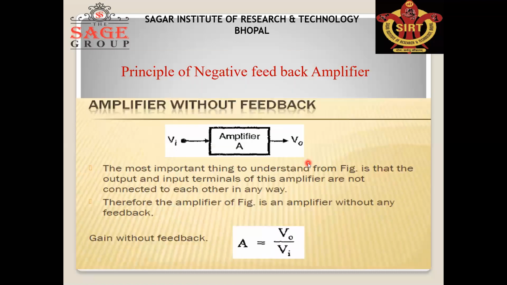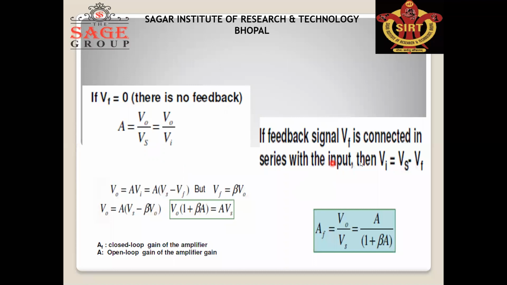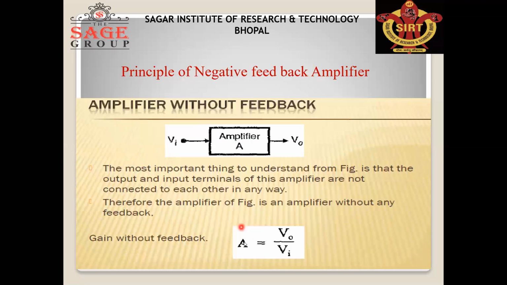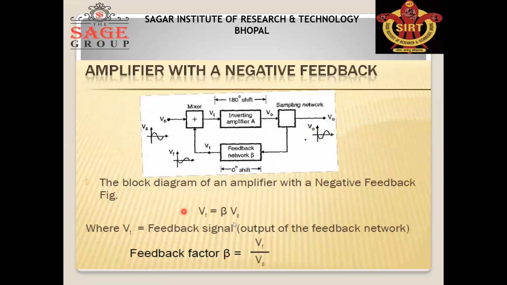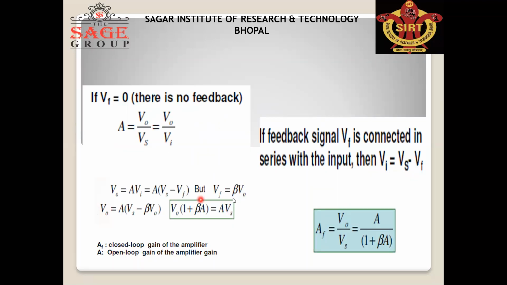Here Vi can be written as Vs minus Vf. Now we know that A is equal to V naught upon Vi, so V naught is equal to A Vi. Putting the value of Vi as Vs minus Vf, and since Vf is equal to beta V naught, we get V naught is equal to A times Vs minus beta V naught.